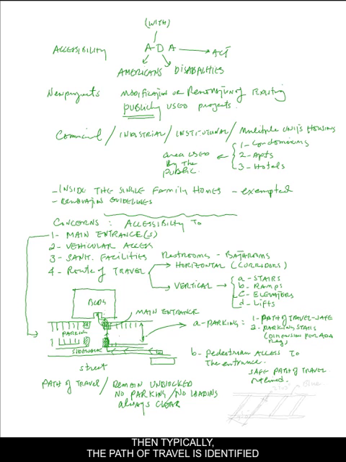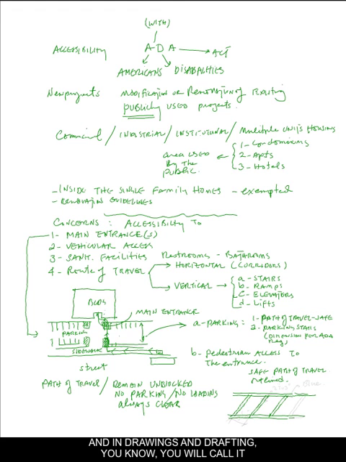Now, typically, the path of travel is identified with what is known as hatching, which is, you identify that with striping, as it is used in construction terms and in drawings and drafting, you will call it the hatching system. And basically, this color is a blue, and is a federal blue, that means the number and the type of the blue, ingredients of it and all of that have been explained in the regulation.